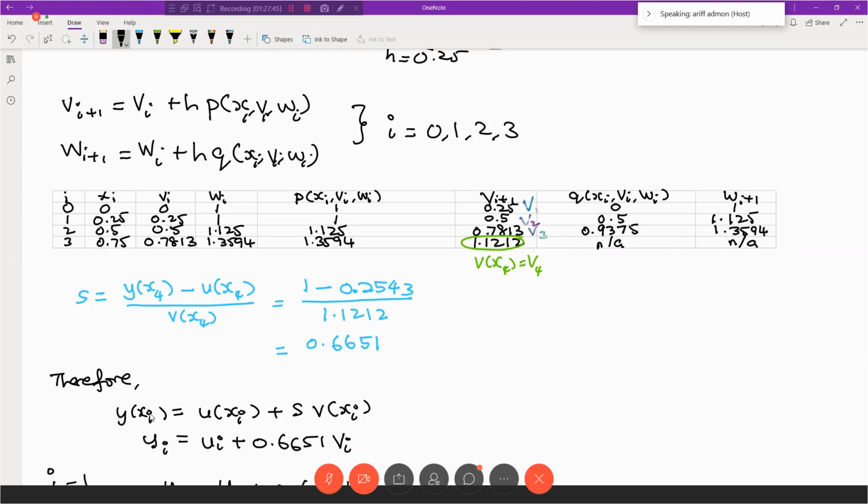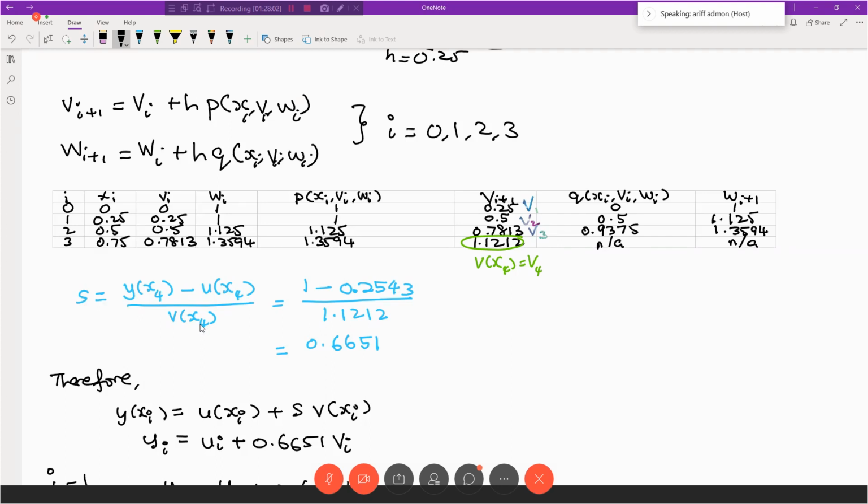In order to find S, my question is, can we use x3 here instead of x4, for example? Any question?